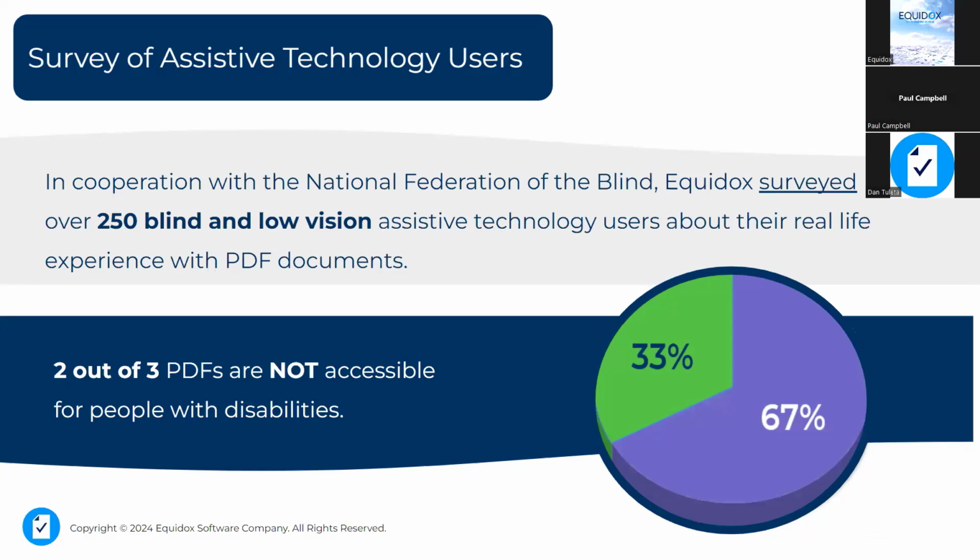For anyone who is unsure of why any of this digital accessibility stuff matters in the real world, people with disabilities use various types of assistive technologies to interact with digital content like PDFs. A very common type of assistive technology is called a screen reader, which is capable of reading digital content like websites, applications, and documents.